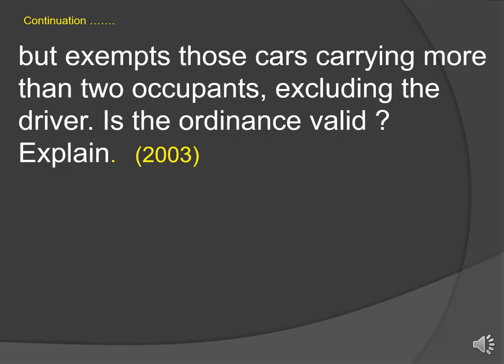What is the issue here? The issue is to limit the number of vehicles entering the city of Makati. And therefore, the classification of exempting vehicles that have more than two passengers compared with those having less than two occupants is germane, is related to the purpose of the law, which is to limit the number of vehicles.